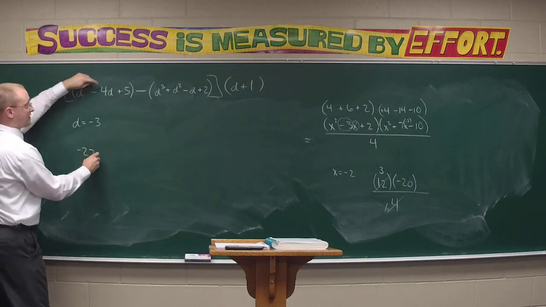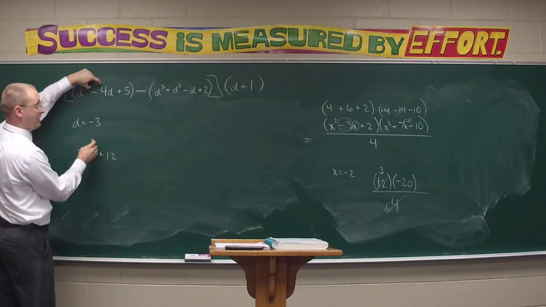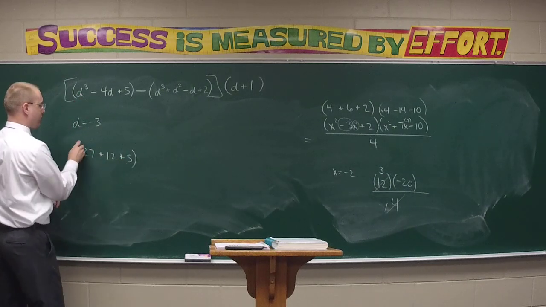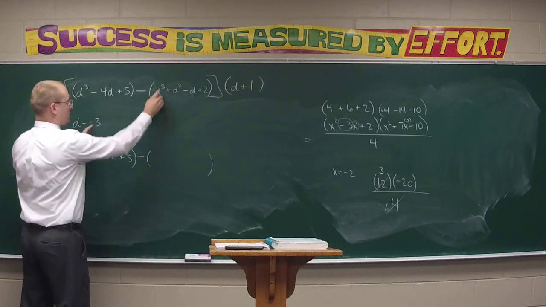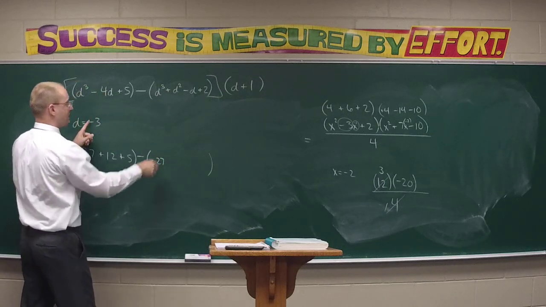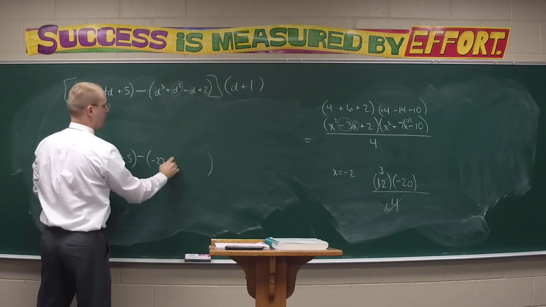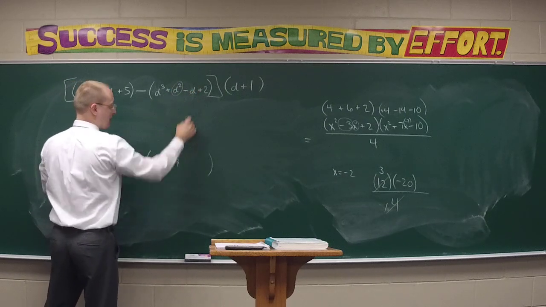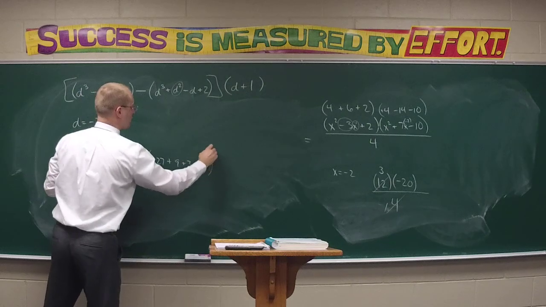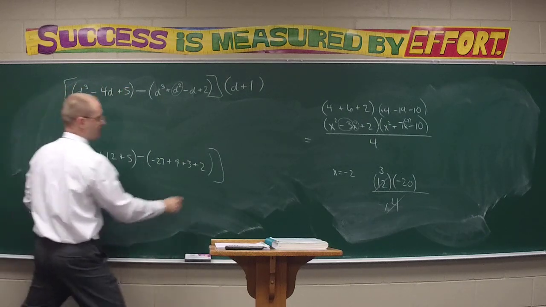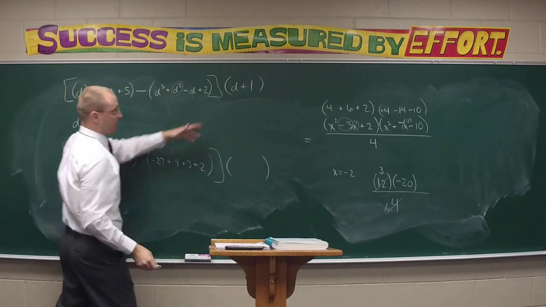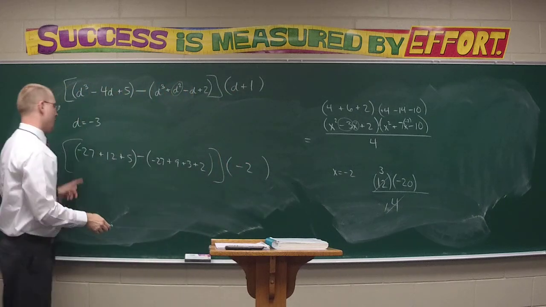Here we get a negative 27. Here's a positive 12. Negative times negative. Plus 5. Minus. And then here we're going to cube it again to get that same negative 27. This is a positive 9. Then minus negative 3 gives positive 3, positive 2. So that's all inside the brackets. And then out here, negative 3 plus 1 just gives negative 2.